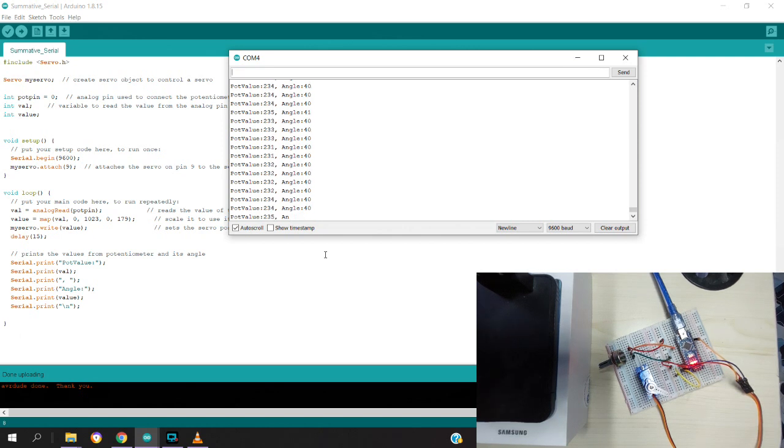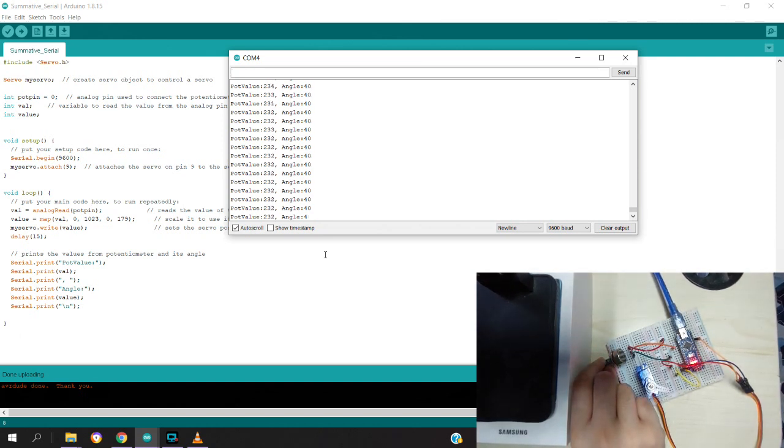So as we can see, for around 40 degrees, the value of the potentiometer is around 232 to 234 bits. So the servo motor also has an angle of 40 degrees.